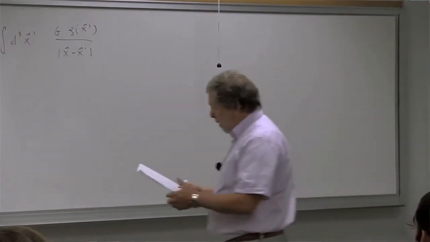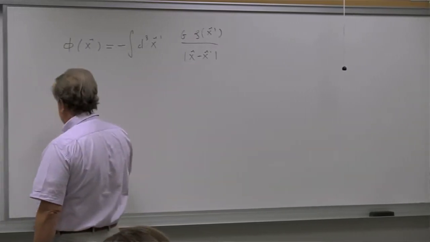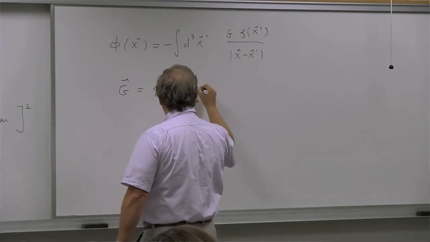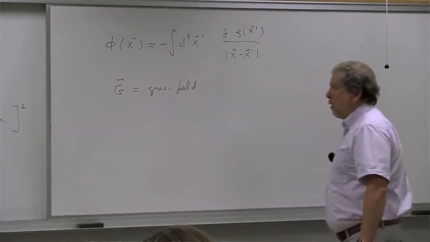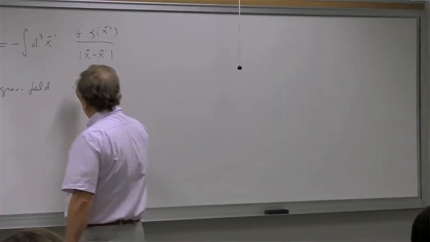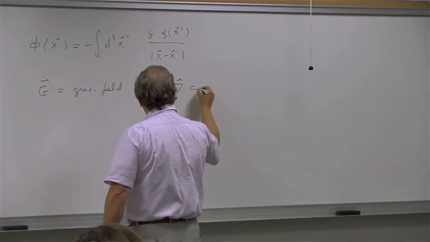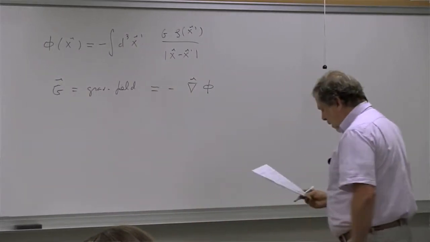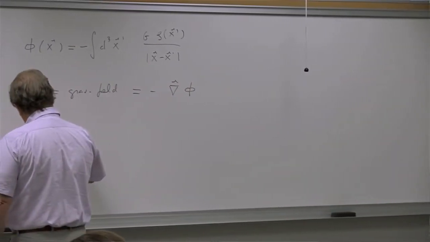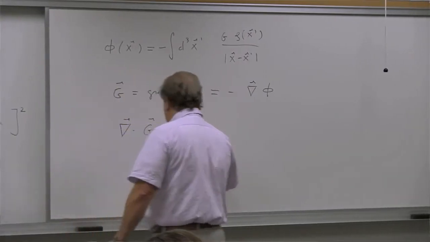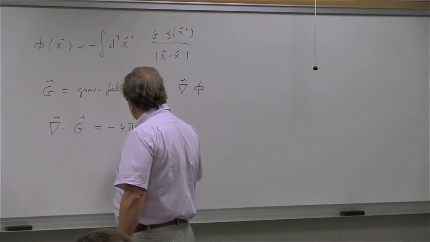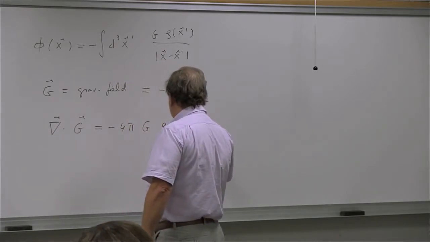So that means that we can actually introduce a gravitational field, denoted by capital G, which is essentially just the gradient of phi, so it is equal to minus the gradient of phi. And this gravitational field then satisfies the divergence of G is equal to minus 4 pi G times rho of x.